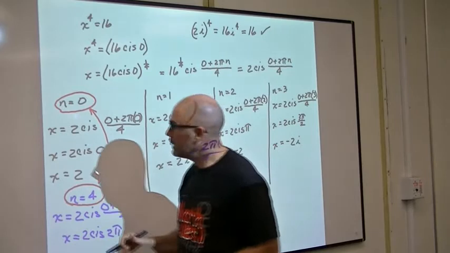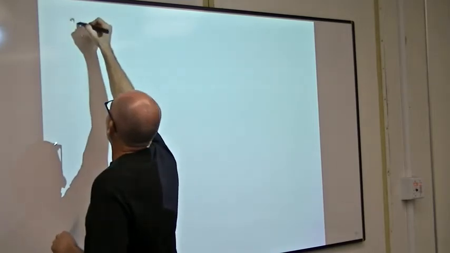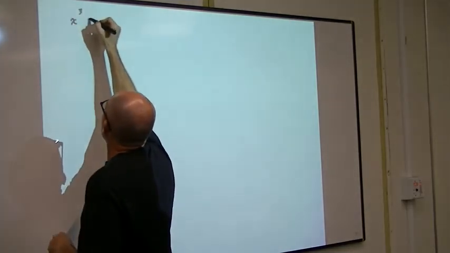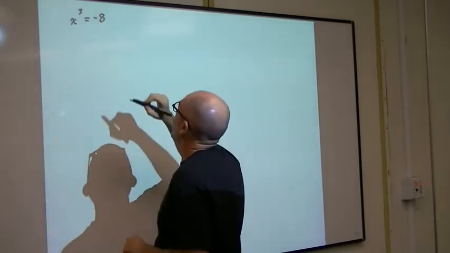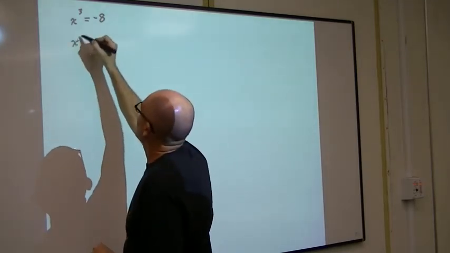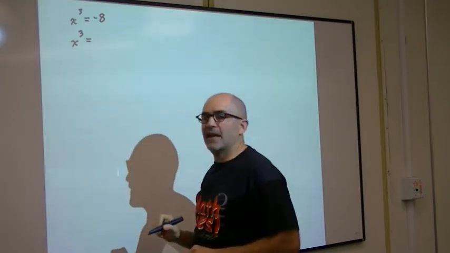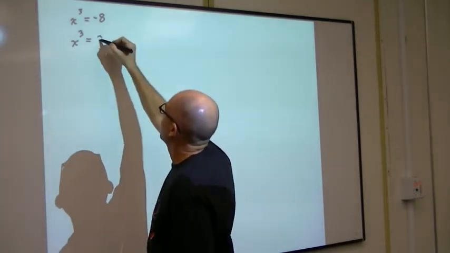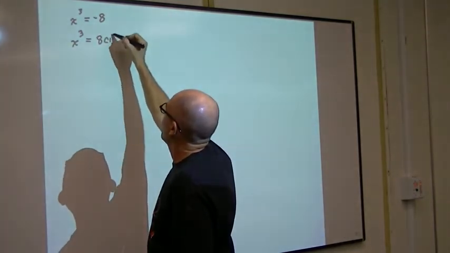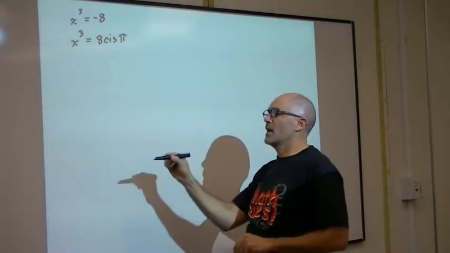Okay, so let's check this out. x cubed equals negative 8. So what we're going to do is say x cubed equals... change negative 8 into polar form. So what is that going to be? Right, 8 cis pi, because it's 8 directly to the left.